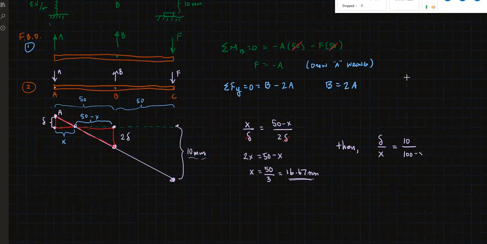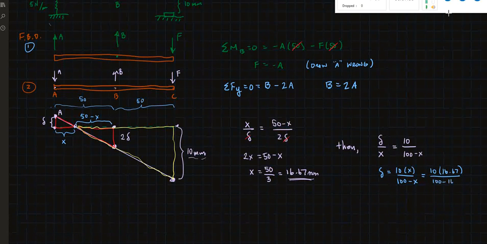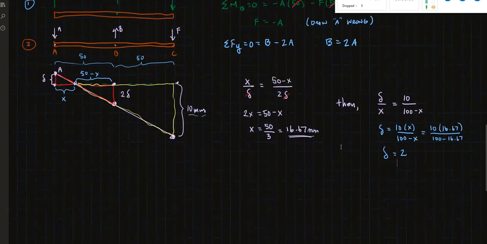That's going to be the distance of this triangle now with the yellow outline. So delta equals 10x over 100 minus x, or 10 times 16.67 over 100 minus 16.67. And if you do the math here, this turns out to be 2 millimeters.